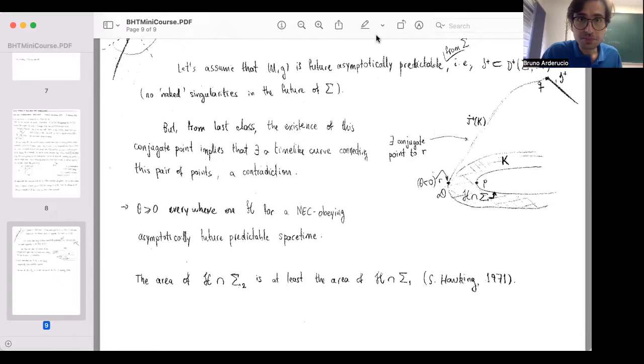This is also known as the second law of black hole mechanics, because it closely resembles the second law of thermodynamics. We know there's this analogy between the area, a constant times the area, and the entropy of the black hole that was coming from the first law of black hole mechanics. So this is a nice and analogous result to, at least, certain formulations of the second law of thermodynamics.